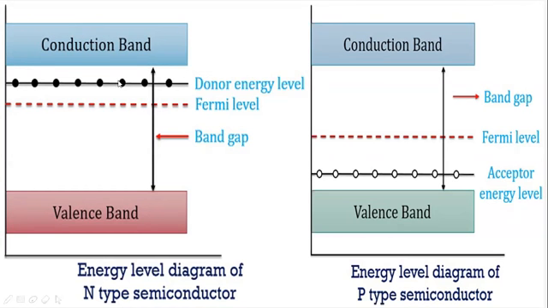The valence electrons which are present in this donor energy level get a small amount of thermal energy given to them. They jump onto the conduction band, and your N-type semiconductor becomes a good conductor. So this is the benefit of adding an impurity atom.